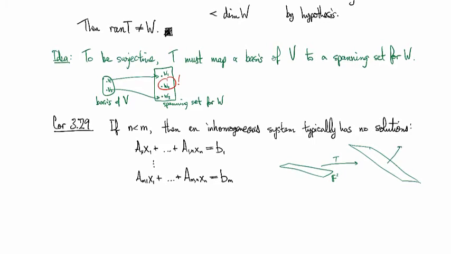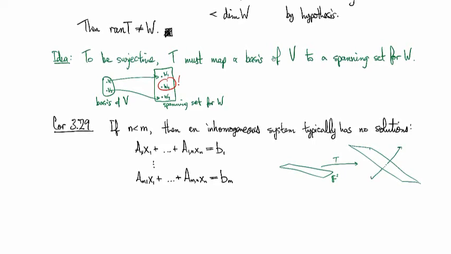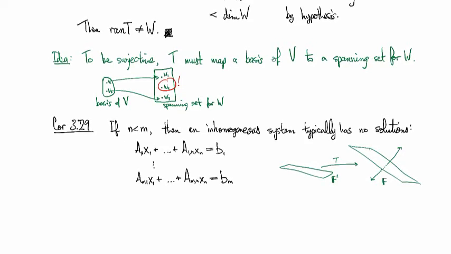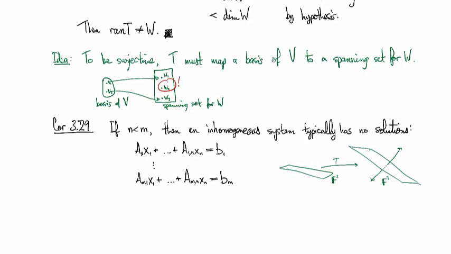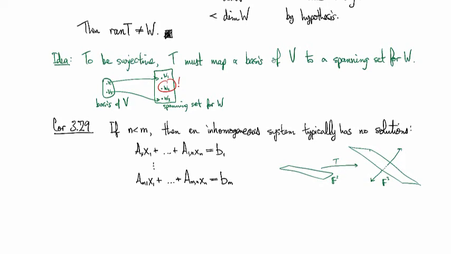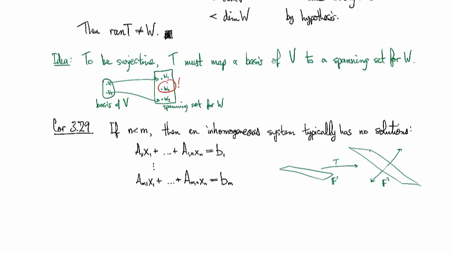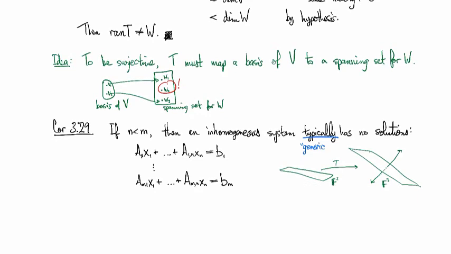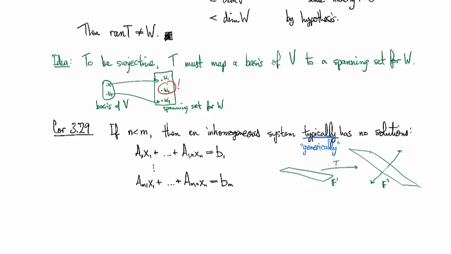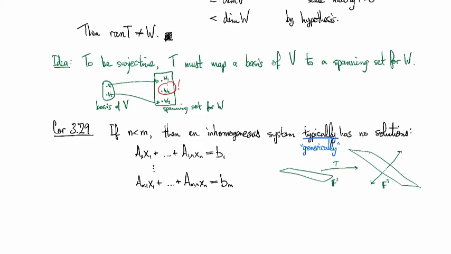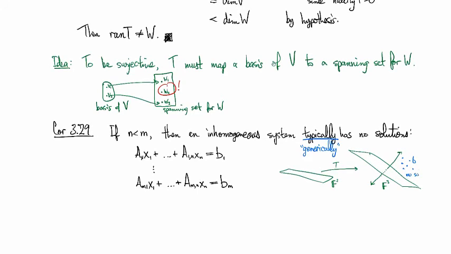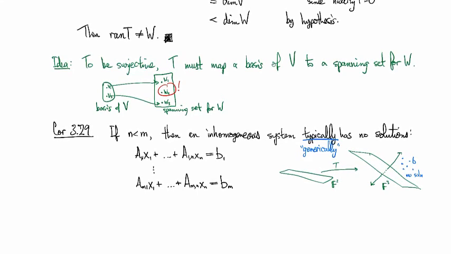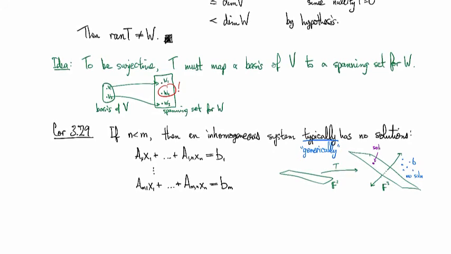And then there's going to be an entire complementary summand that we're not reaching. So it's going to look something like this. So back here when I said typically, another word that's often used here is generically. What I mean is that most of the time, so for any choice of B out here floating in space, there will be no solution. There will only be a solution if I happen to pick a point that's in the plane, right?